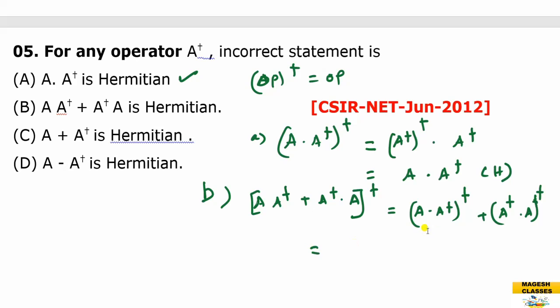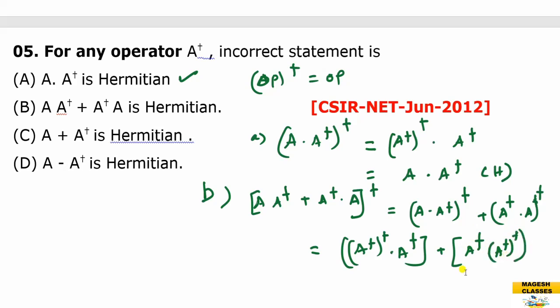So from the multiplication, this is A dagger dagger into A dagger plus A dagger into A dagger dagger. So A dagger into A dagger is equal to A into A dagger plus A dagger into A. So the operator comes back. So it is Hermitian. Okay.